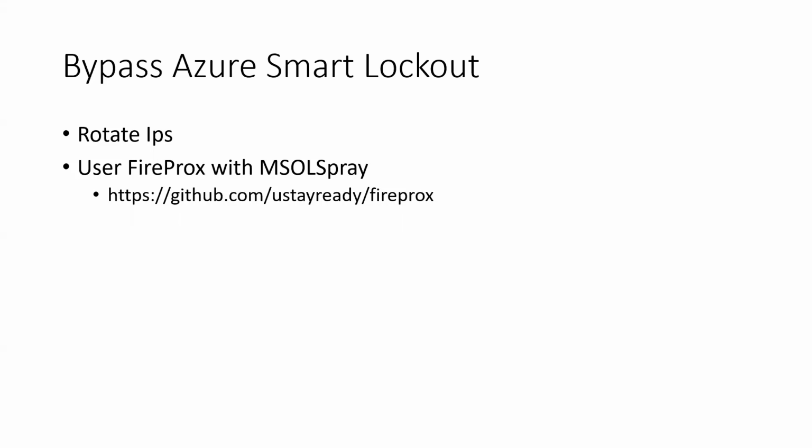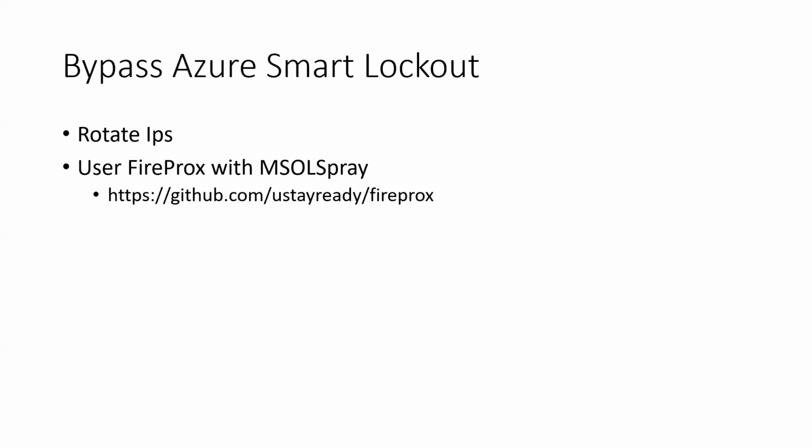Another thing to be aware of is Azure Smart Lockout, which basically does an analysis of password spraying, and then tries to lock out endpoints that it thinks are doing password spraying.